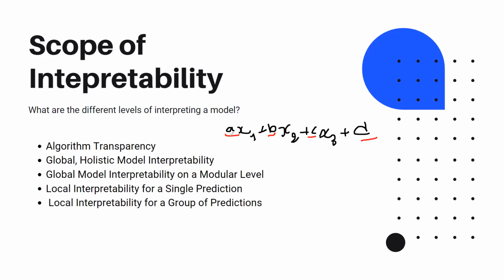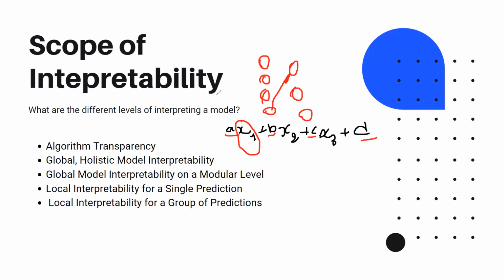Yes, we do, right? So for example, the higher the A, the more influential this feature is. So this is one way of interpreting it. Now let's go for neural networks. And let's say that the weight of this neuron connected to this neuron is very high. What does that mean?